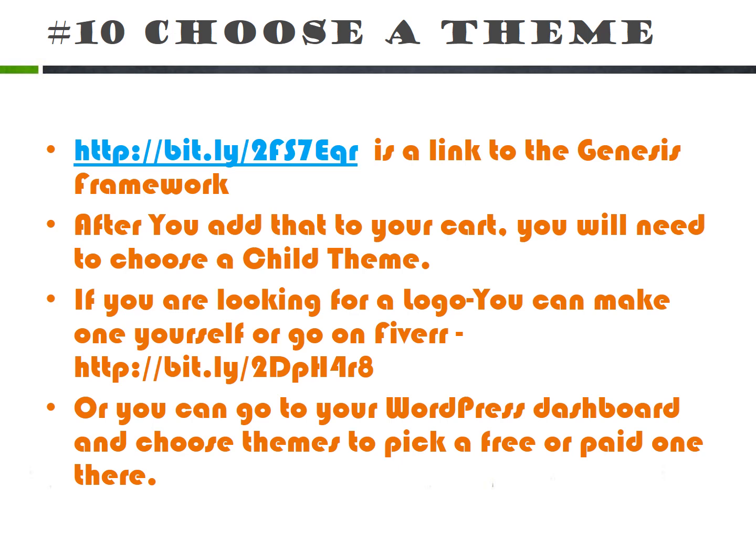So if you're a food blog, they have food themes. If you're doing real estate, they have themes catered towards real estate. Or if you're an author, whatever it is, you'll see. There's such a selection.